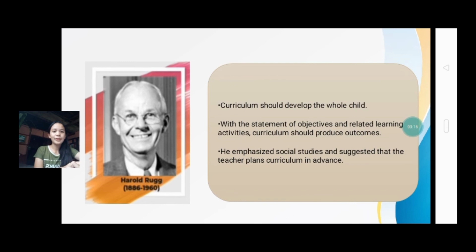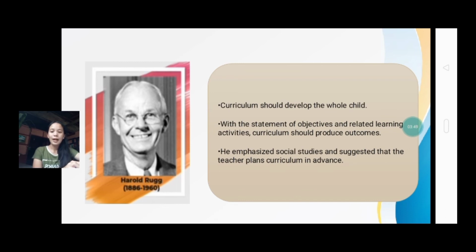So the next person is Harold Rugg, 1886 to 1960. He was born in Fitchburg, Massachusetts, the son of a carpenter. Rugg applied his training to reassessing how curriculum was created. Harold Rugg's first major work is The Child-Centered School, which described the historical and contemporary basis for child-centered education.